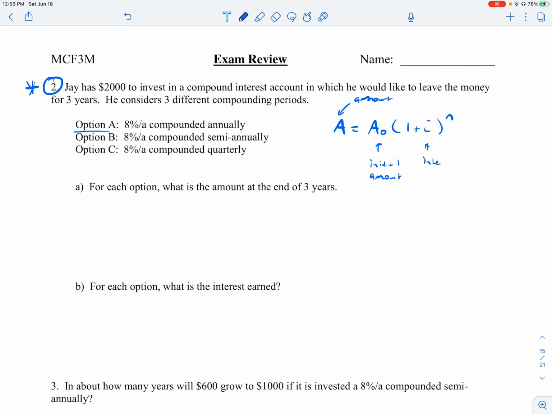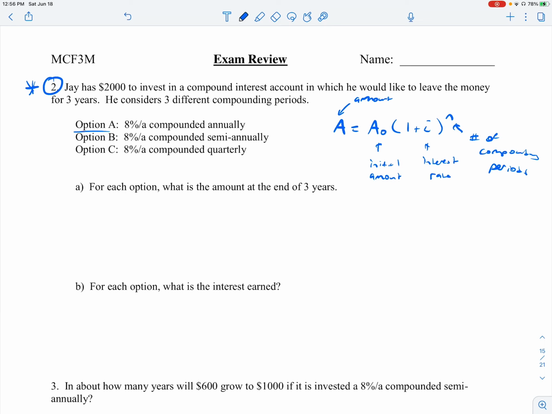That's the interest rate. And this is the number of compounding periods. Okay. These always need to be in the same frequency. So the interest rate, I, which is going to be written as a decimal, it always needs to match up with the compounding periods.